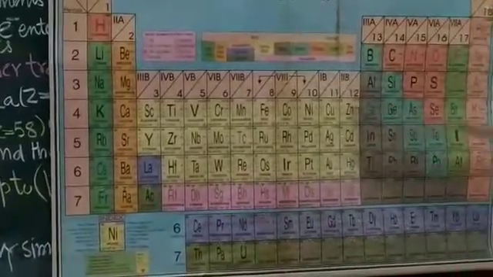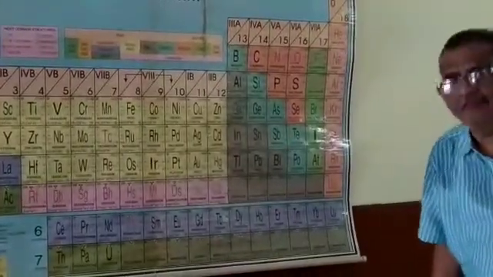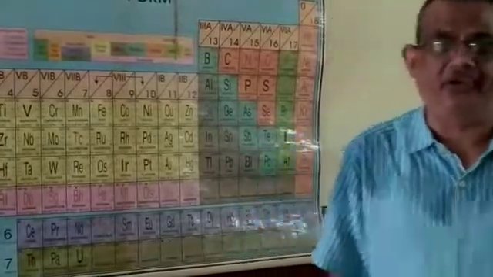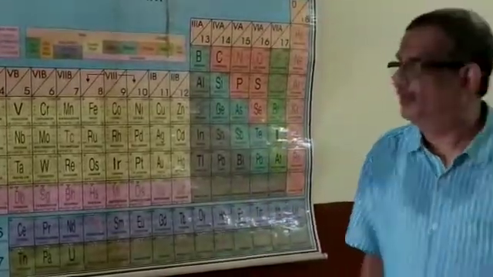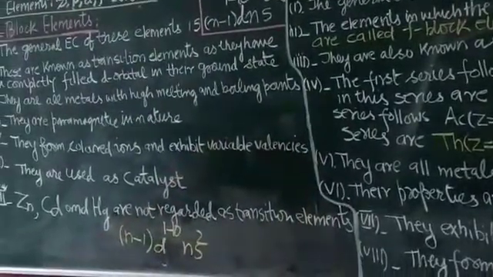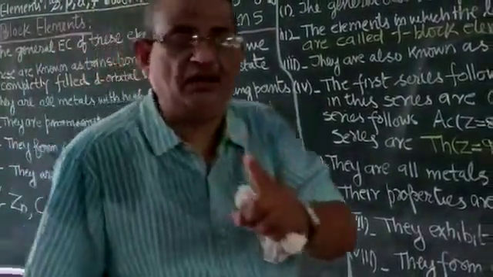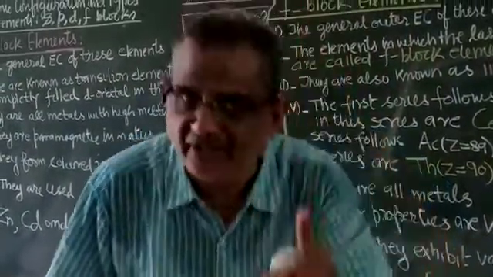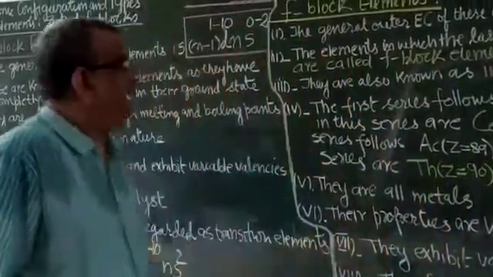These three elements are not regarded as transition elements. Very, very important. Why? Because of fully filled electronic configuration, that is, the d section is fully filled. I have shown you here 1 to 10, whereas in the basic definition of the d block, the d orbital is successively filled by 1 electron each.